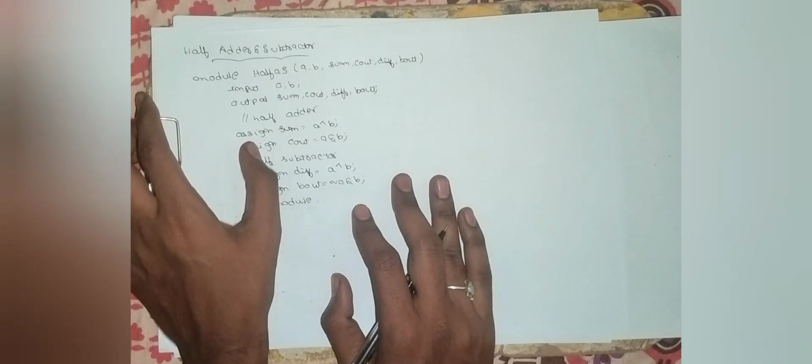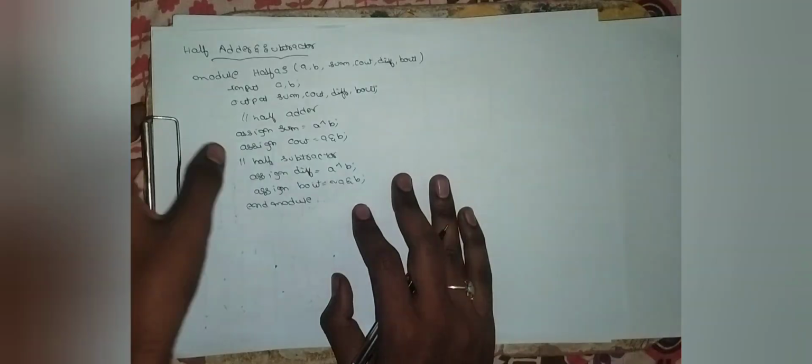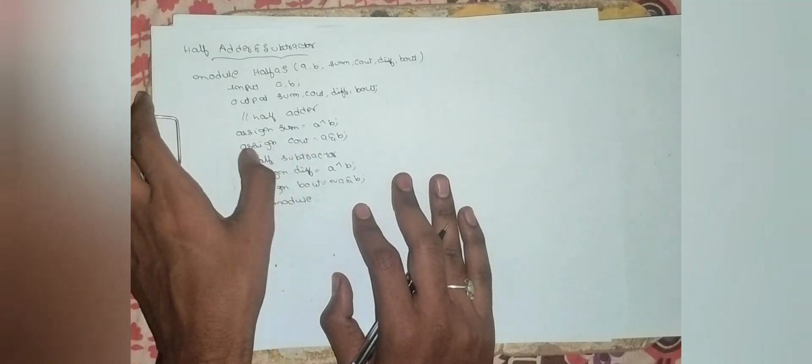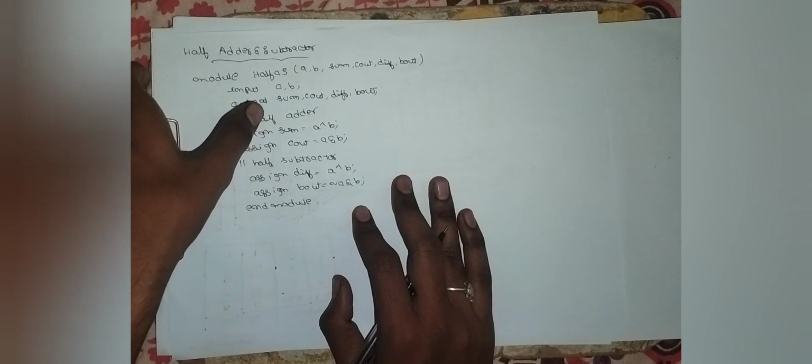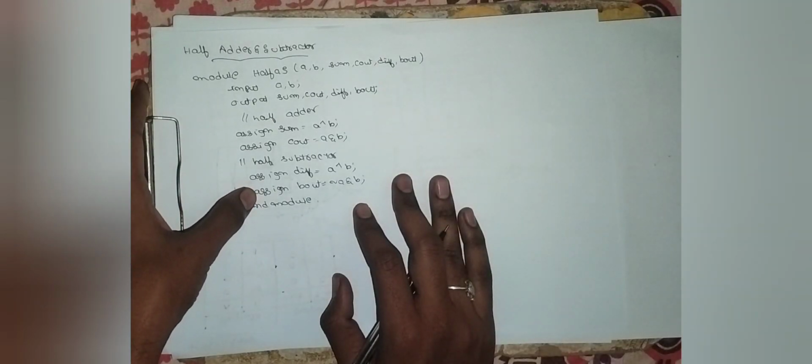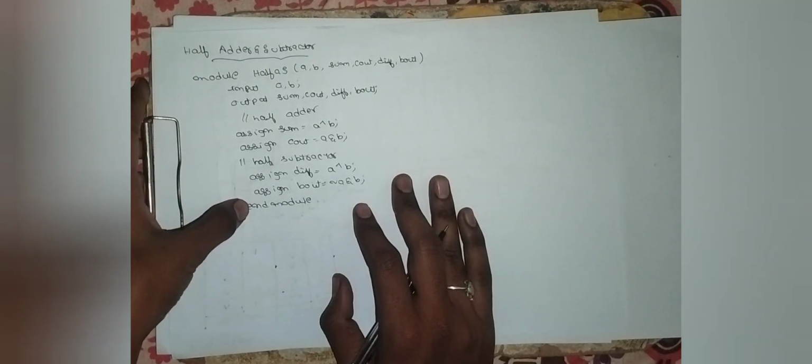It becomes assign sum is equal to A XOR B, and next assign carry out is equal to A and B. This program is written on the basis of the expression we got after solving the truth table. Next we have written the program for the half subtractor. Assign difference is equal to A XOR B, and assign B out is equal to not A and B, and end module.